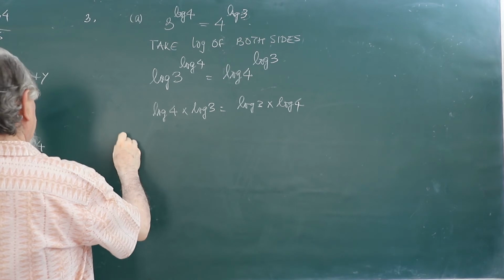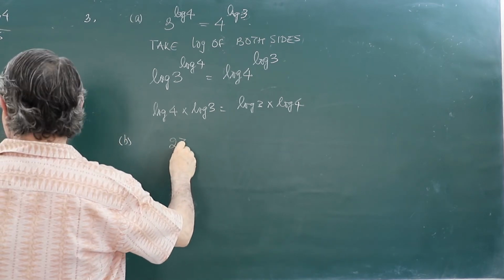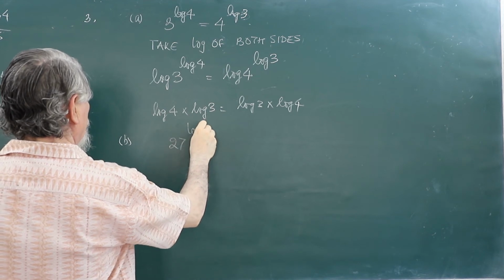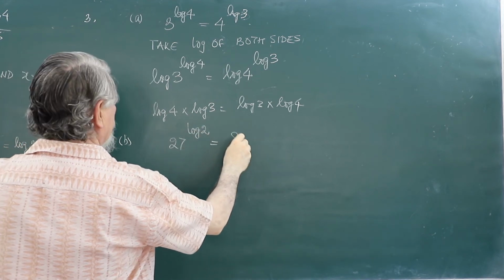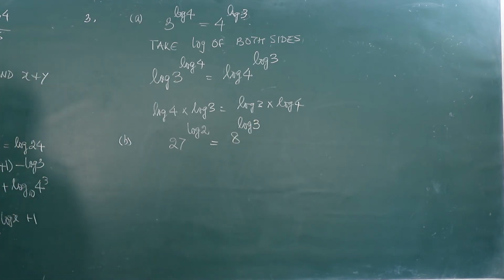Second, B part. 27 to the power log 2 is equal to 8 to the power log 3.